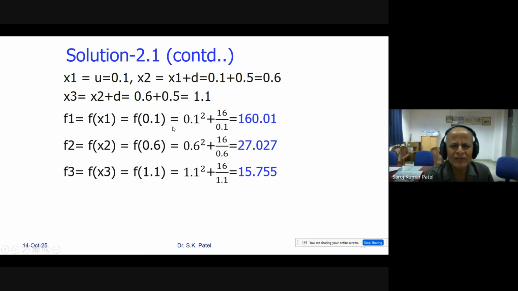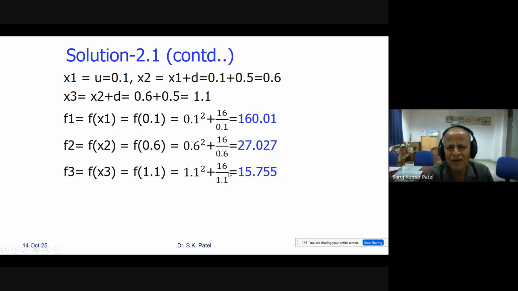So f of x is x square plus 16 by x. At x equal to 0.1, 0.1 square plus 16 by 0.1 will be 160.01. At x2 equal to 0.6, the value of f will be 27.027. At x3, that is 1.1, it will be 15.755.